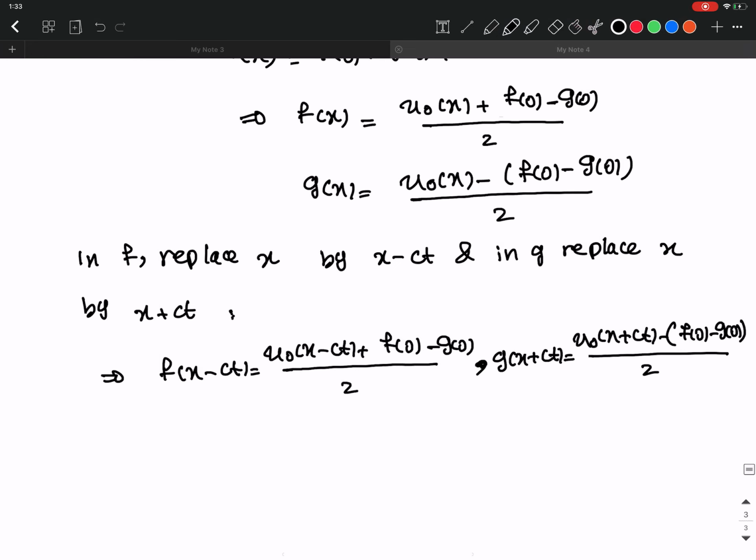Okay, so now we found these functions. What are f(x minus ct) and g(x plus ct), right?